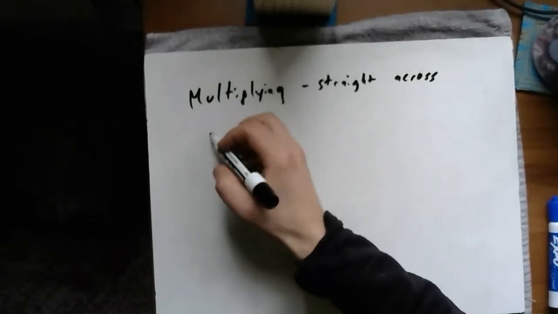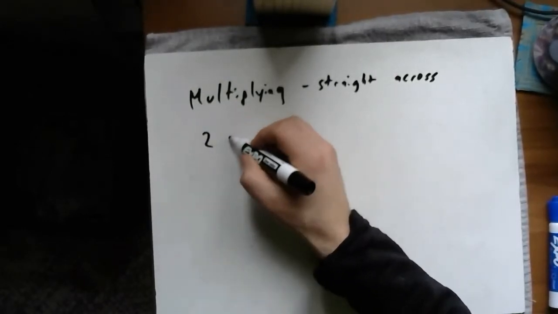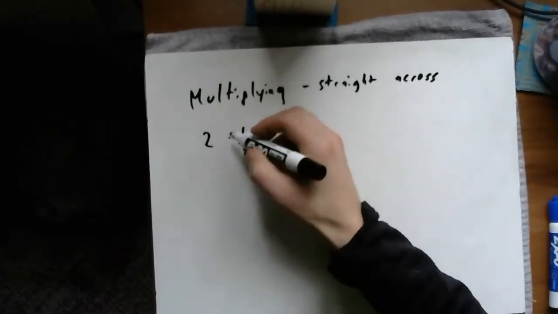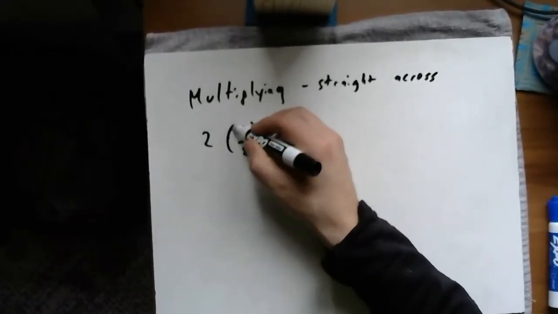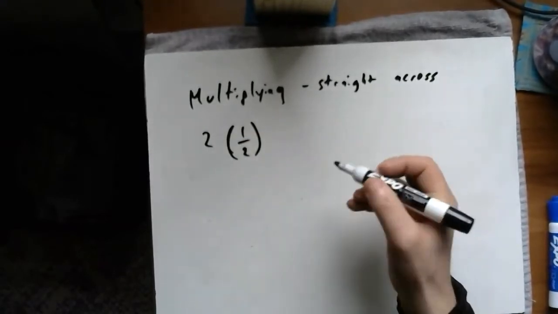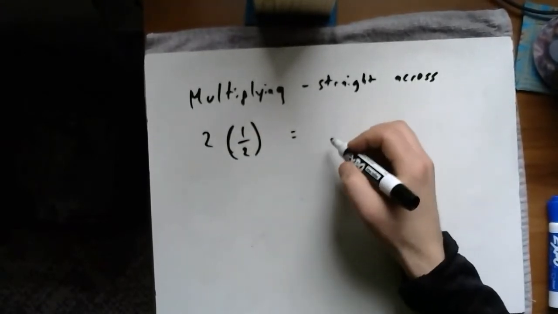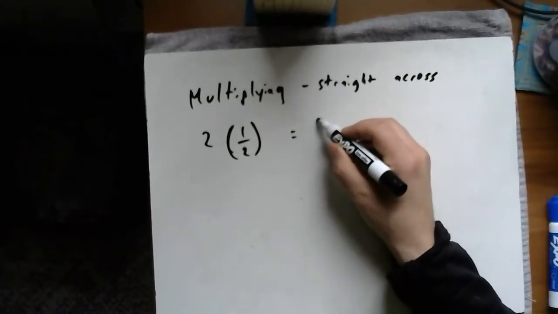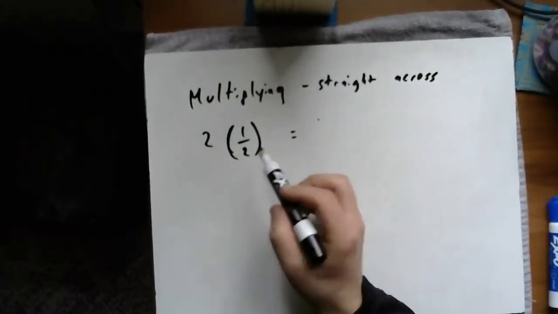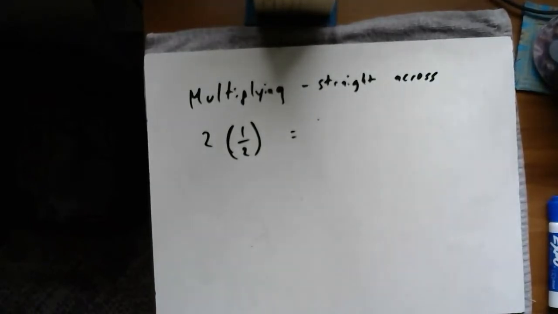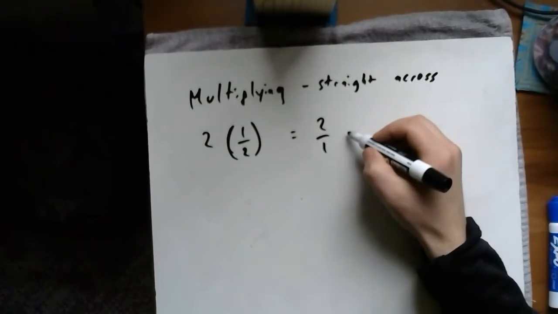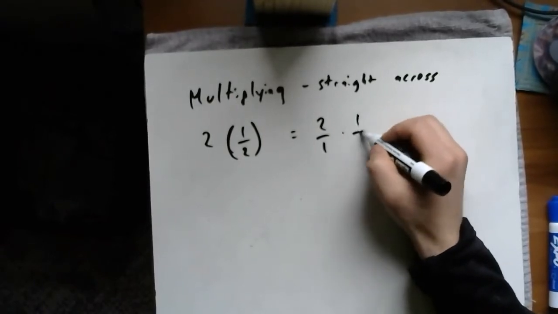But anyways, let's say I have 2 times 1/2, and you might also see it sometimes as 2(1/2), right? Parentheses means multiplication. So this means that I'm going to multiply these straight across. So how do I do that? Because that number is a whole number, and I'm multiplying a whole number times a fraction. We can always represent a whole number as a fraction. So really, this is 2/1 times 1/2.